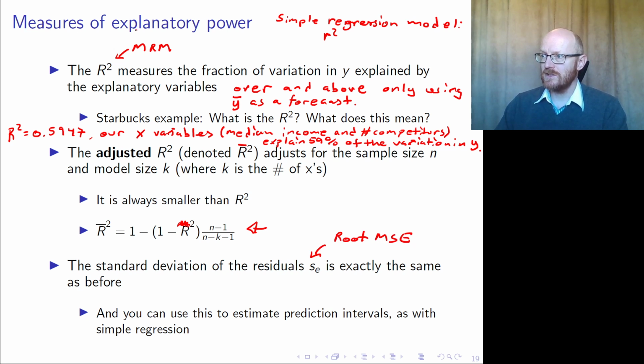This is often called root MSE. So the measures of explanatory power are the r squared, the adjusted r squared, and the standard deviation of the residuals. The standard deviation of the residuals is calculated exactly as in the simple regression model, and it is not adjusted like the r squared.